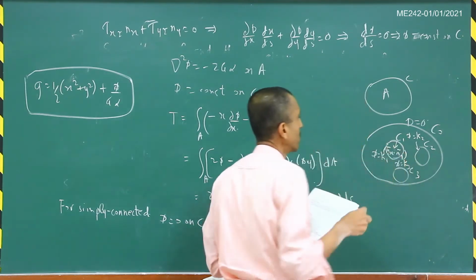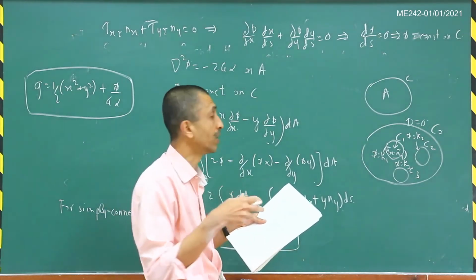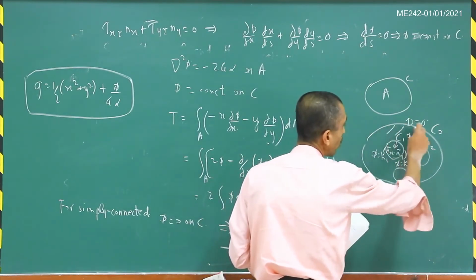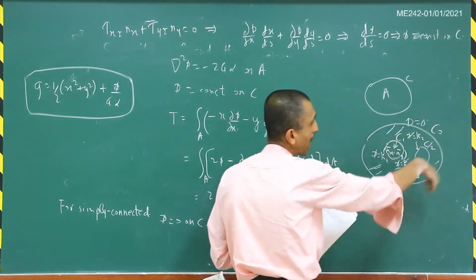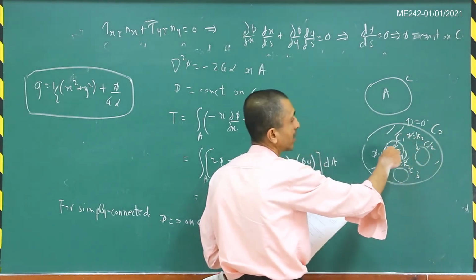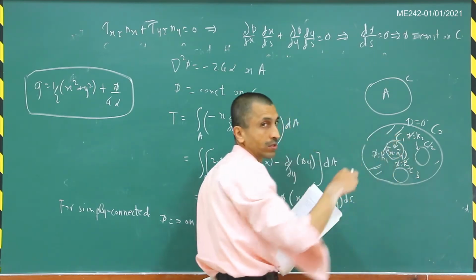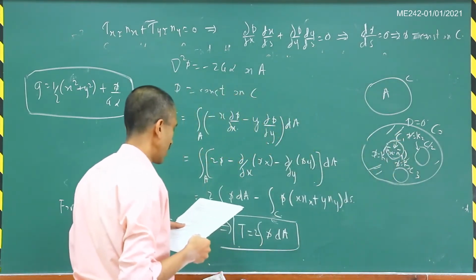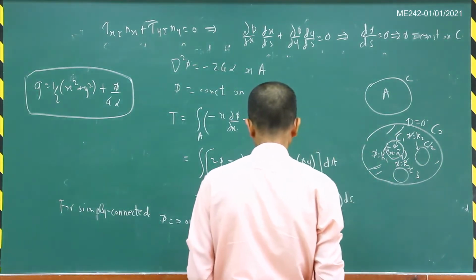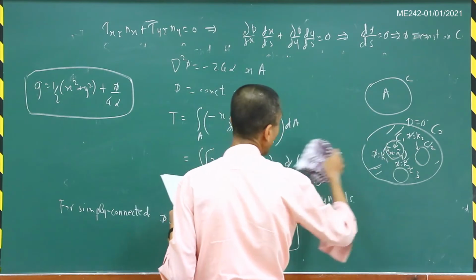These are the components of the normal which is pointing inward into the hole, because this normal is actually the outward normal to the domain. The domain excludes the holes, and so the outer normal to the domain will actually be the inward normal to the holes themselves. Let us call nx tilde and ny tilde the normal that points inwards, and that will be equal to minus nx and ny.